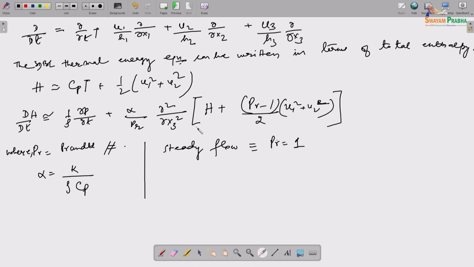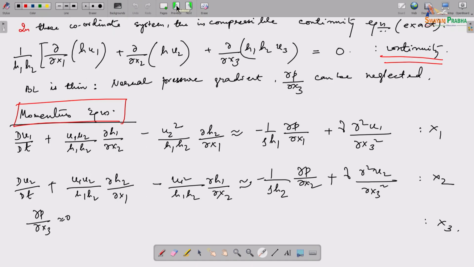Then the pressure gradients. Now the thing is, these are my equations. Let's just focus on that page. So these are the three equations that we are talking about here. Now the pressure gradients must be matched to the free stream velocity, which has two components, W1 and W2. So let's write that down.